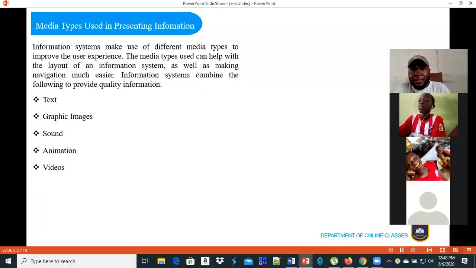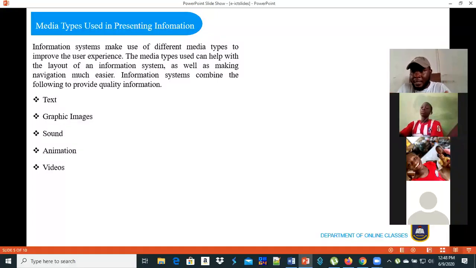Whichever way you provide the information, you are using a media type. So you are looking at the media types used in presenting what? Information. And then you have to know the type of information you are presenting and the media type to use. It is very, very, very critical. So if you have information to present and it's full of graphics, images, and all of that, of course, we have graphic images. And then we have some information that is given via what?